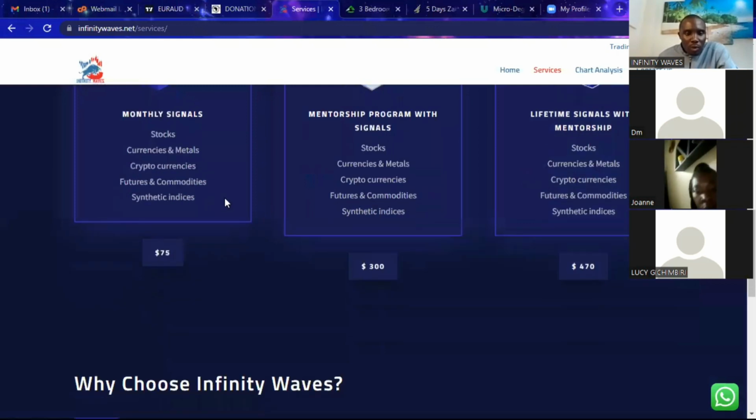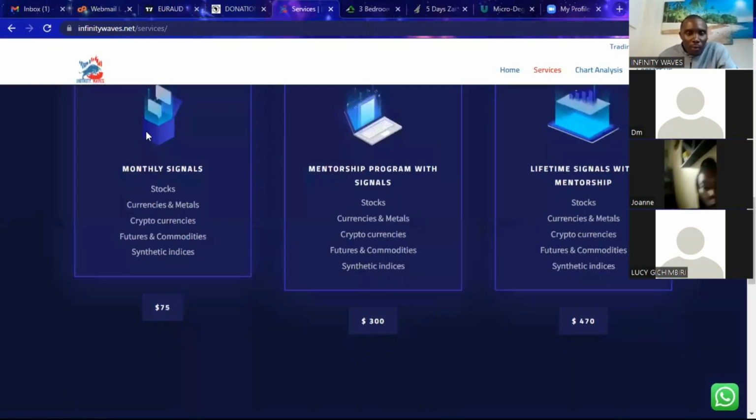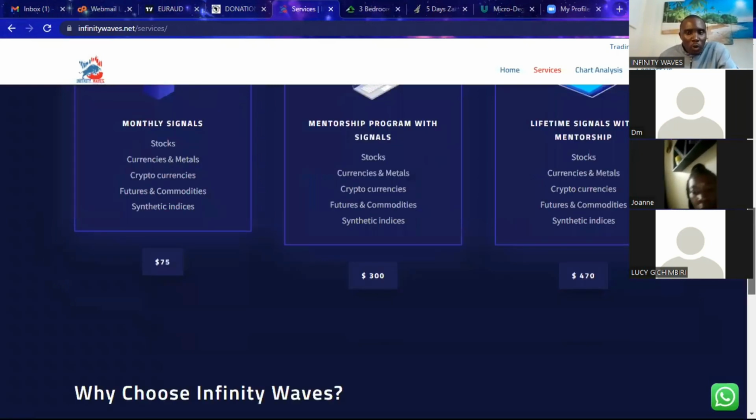For this, the signals as well, the 1 year mentorship and the one that goes for the lifetime package. So whichever you're comfortable with to learn analysis is which you take from there. The 1 year one starts from today, the 29th, and goes all the way to the next year in the same month. The one that goes for $470 goes from now until infinity, until you're comfortable to trade on your own.